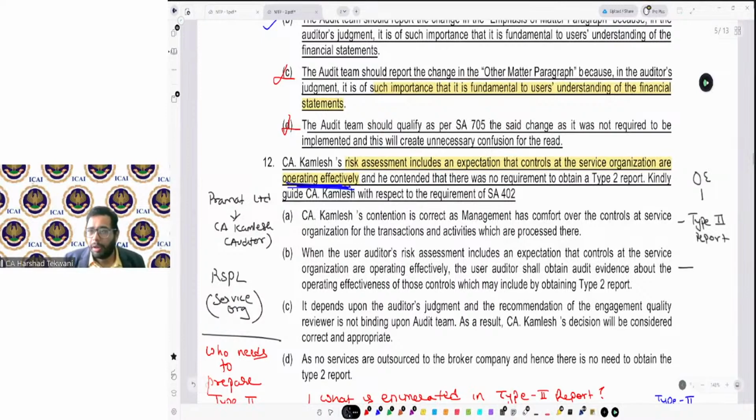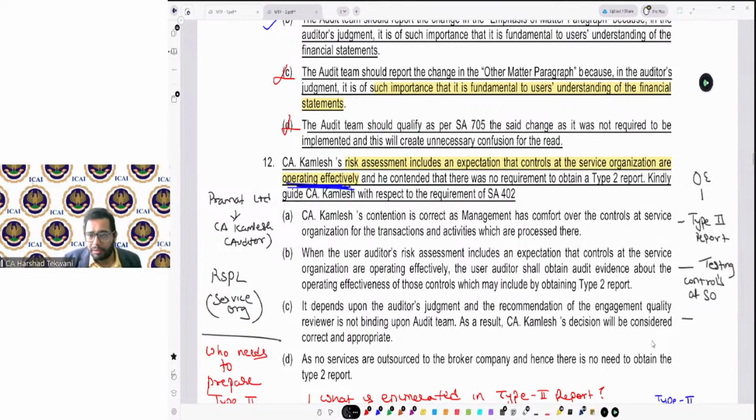Second, very common and simple, is to go and test the controls at the service organization, if they allow you.